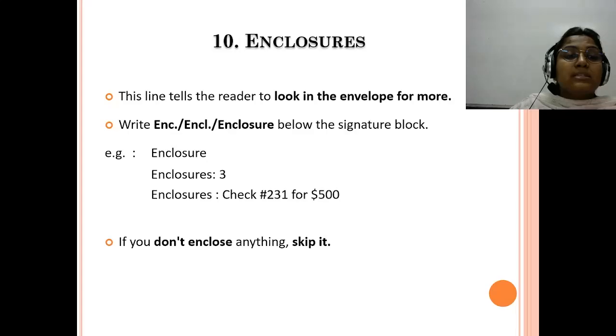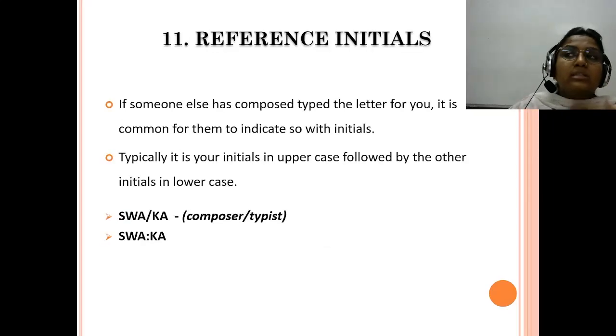If you are sending a sales letter, you may consider including a call to action. That is CTA. CTA stands for call to action, at the bottom of the letter. So that is enclosure.